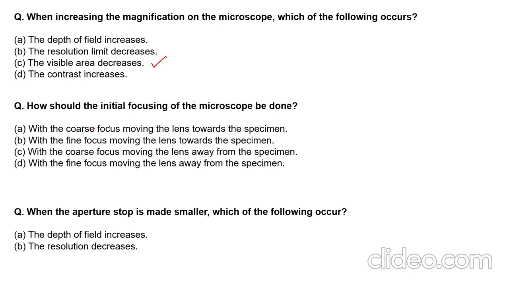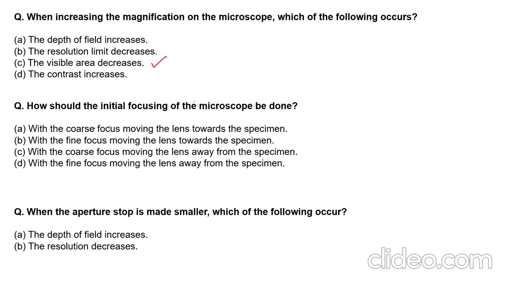So the next question is, how should the initial focusing of the microscope be done? With the coarse focus moving the lens towards the specimen, because when you are coarse focusing, you are actually changing the working distance between your sample and your objective lens, right?